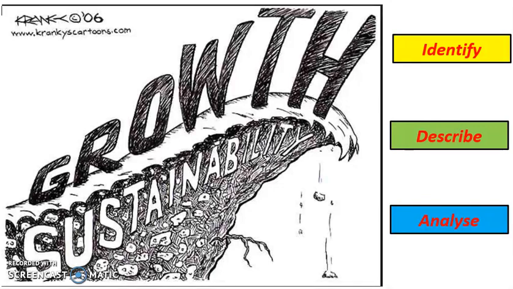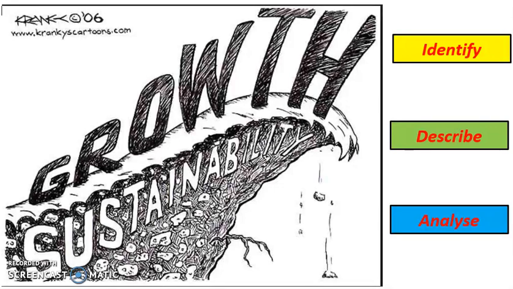When we look though at sustainability, we can see that the word sustainability gets smaller as we head up the cliff. Initially, when you look at the letter G, which is quite small, the focus isn't on growth, and as a consequence of that, sustainability is more important. You can see that the word sustainability is quite big at that point, suggesting, I guess, that our environment is important.